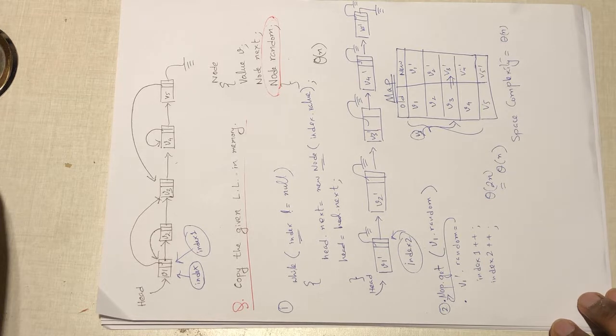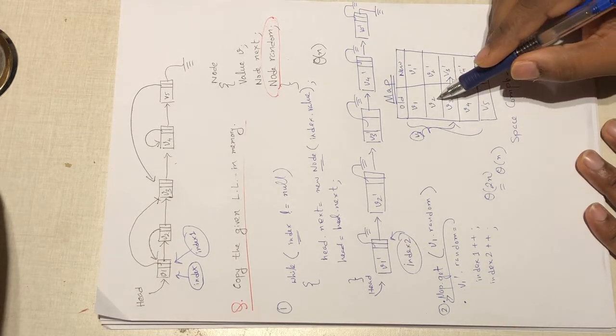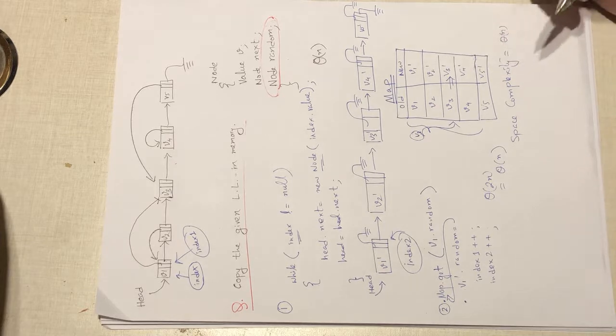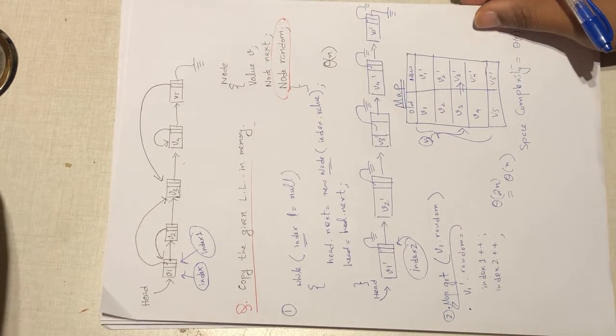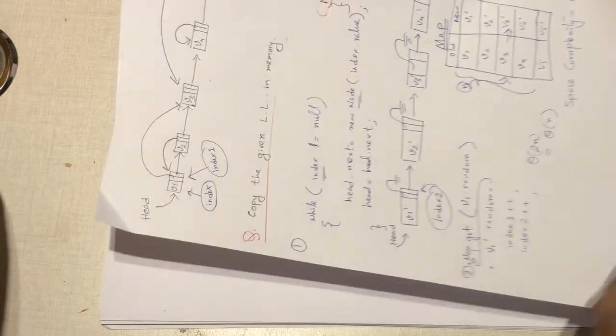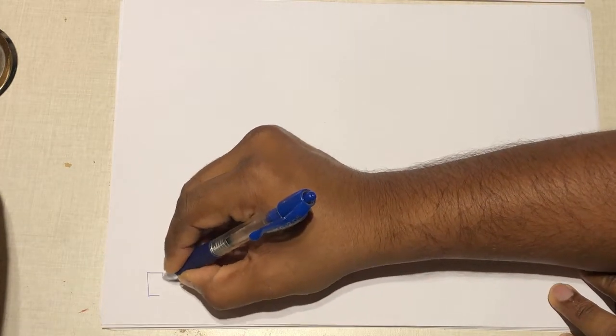If you can think analytically, this mapping is kept just so that we can traverse from v1 to v1 dash or v2 to v2 dash. We need to understand what the corresponding node is. So one trick that we can do here is, you have your nodes like this.